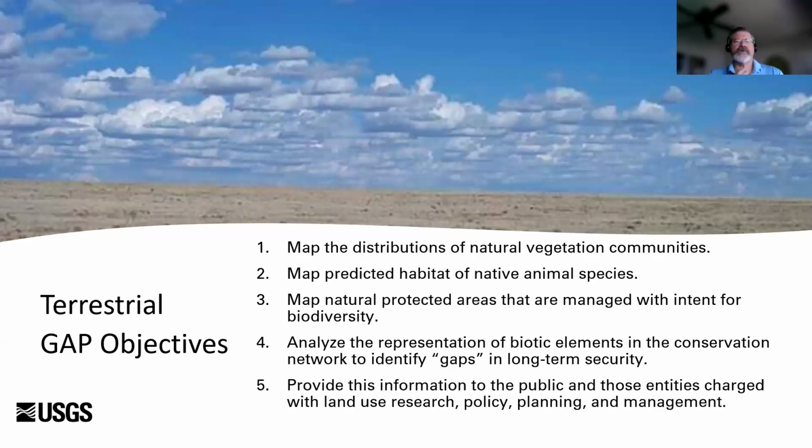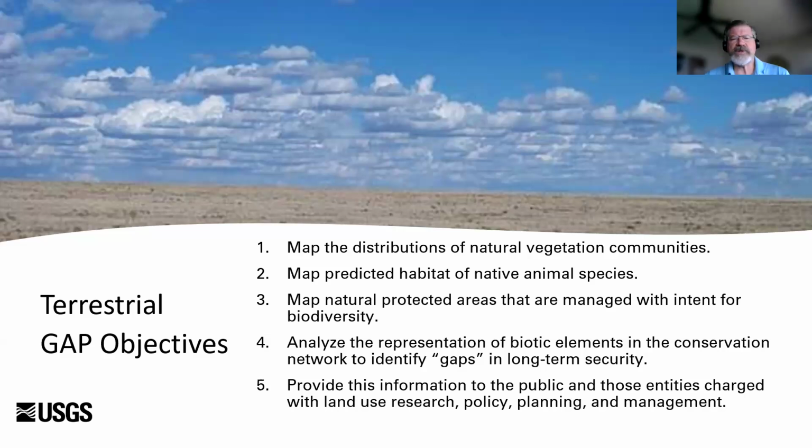For GAP, there have typically been 5 different objectives of the effort. The first one is to map the distributions of natural vegetation communities. The second is to map predicted habitat of native animal species, and as I mentioned, it's terrestrial vertebrates that we're talking about here.